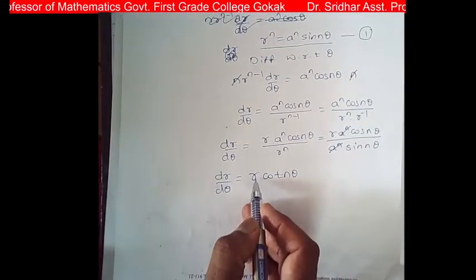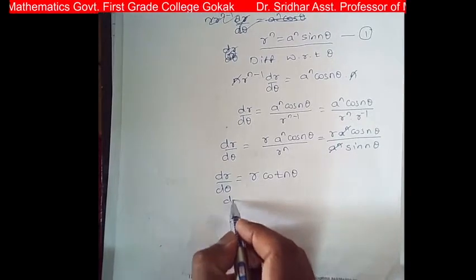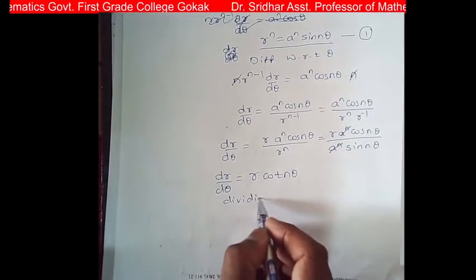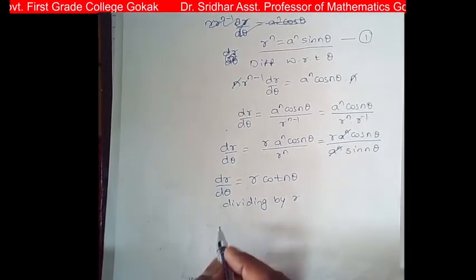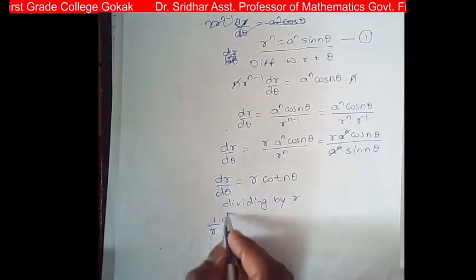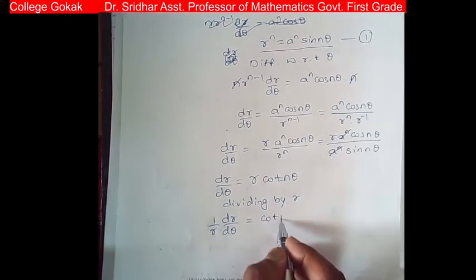Now dividing throughout by r, it gives 1 by r dr by d theta is equal to cot n theta.